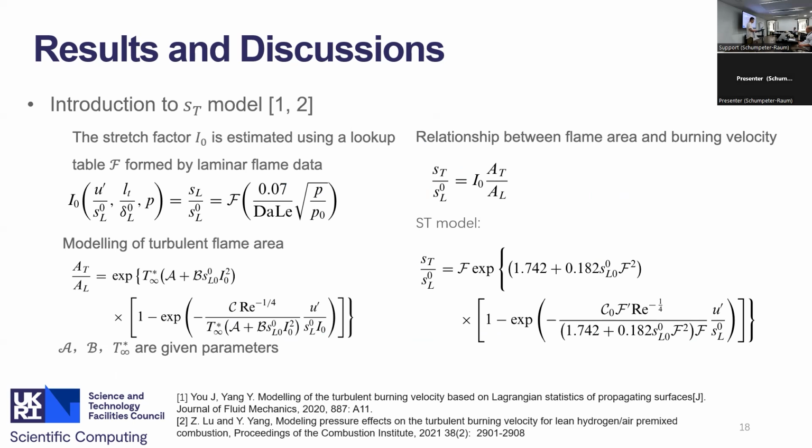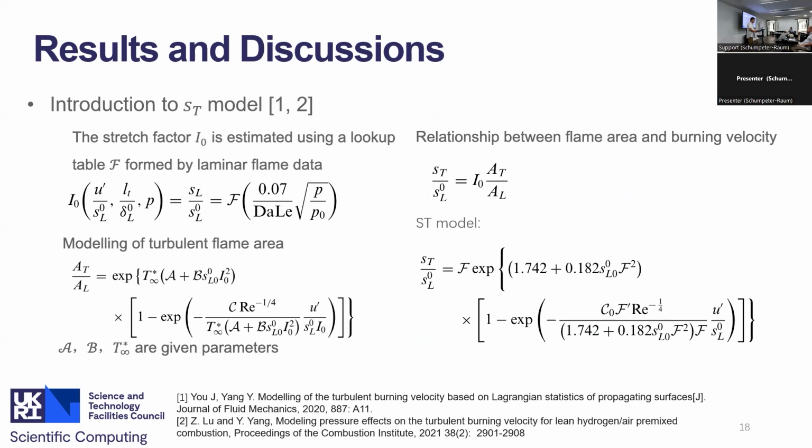In their model, the turbulent burning velocity is related to the turbulent flame area. This is how the turbulent flame area is calculated, and then the ratio between the turbulent burning velocity and the laminar flame speed is proportional to I0.